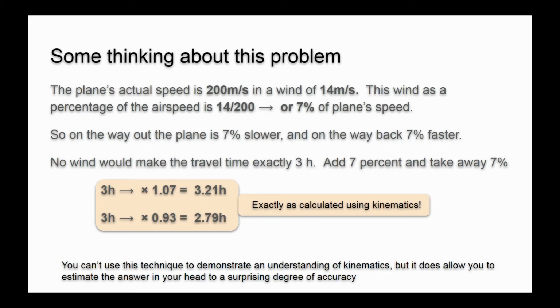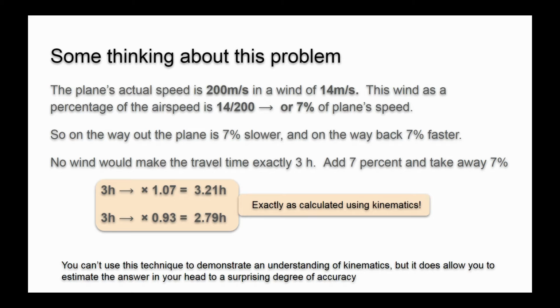So think about it this way. Would this not mean that the plane is 7% slower on the way out and 7% faster on the way back? No wind would make the travel time exactly 3 hours. Add 7% and take away 7% to that time. Look what happens when I calculated it.